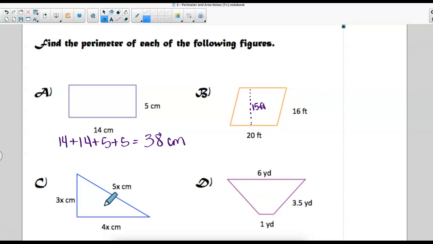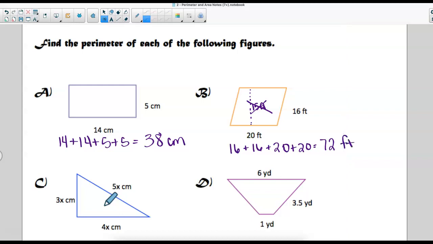No. So then really that is useless information. We don't need that, okay? So I want to find the perimeter. What am I going to do? Sydney. So 16 plus 16 is 32, 20 plus 20 is 40, so that's 72 feet.